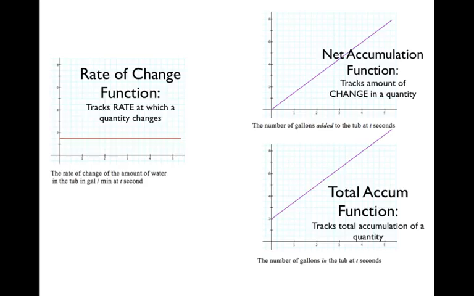So we want to have our terminology straight, but also our understanding of what these different kinds of functions are. So we start with this really simple example with the tub to really pinpoint the differences or what these 3 functions mean and the terminology we'll use to describe them. Okay, any questions on that?